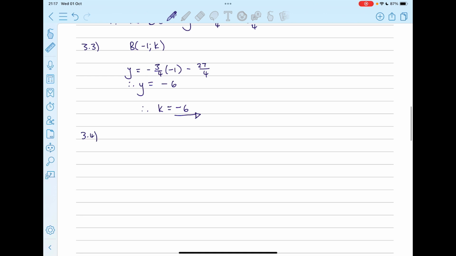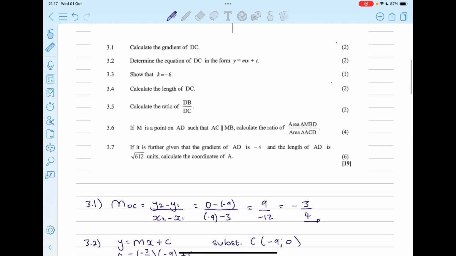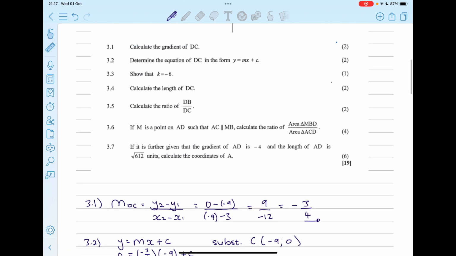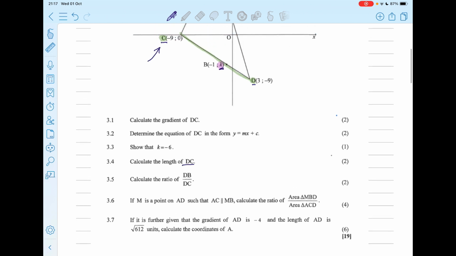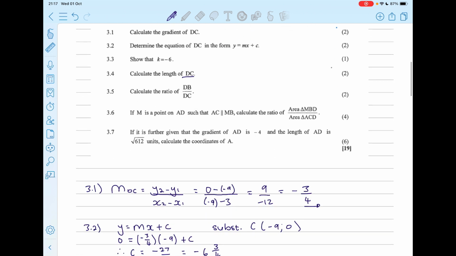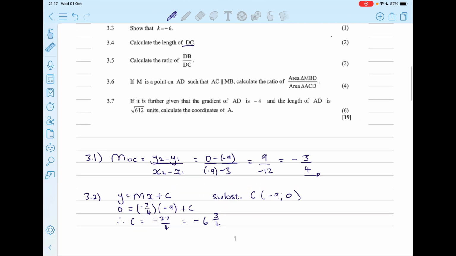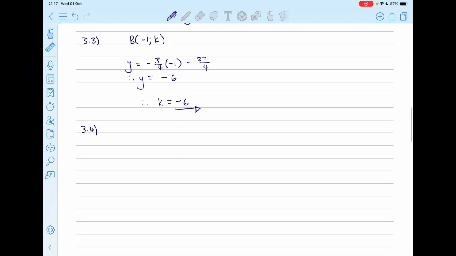3.4 is the next question. They want us to calculate the length of DC. Still with line DC. Okay, so length is the distance equation. So we're going to use the distance equation.